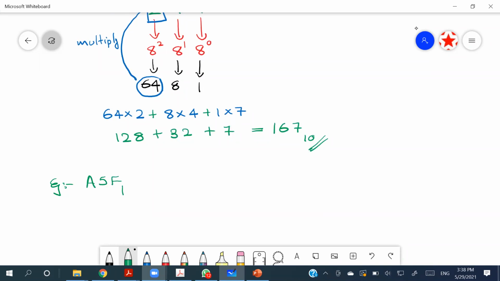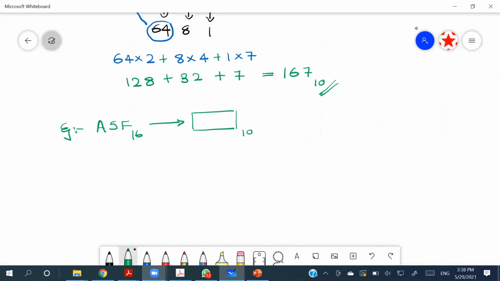A5F hexadecimal value into the decimal value. So we know the drill. A5F hexadecimal value has 16 to the power 0, 16 to the power 1, 16 to the power 2.